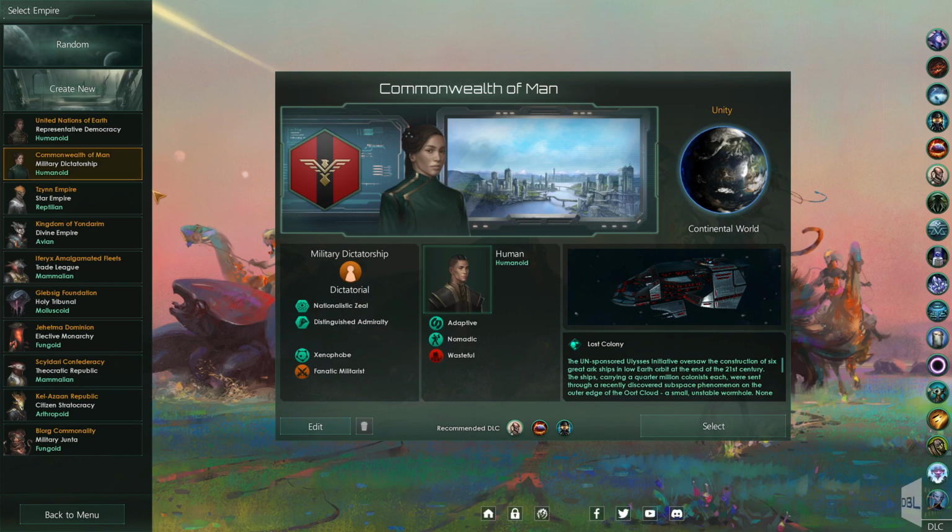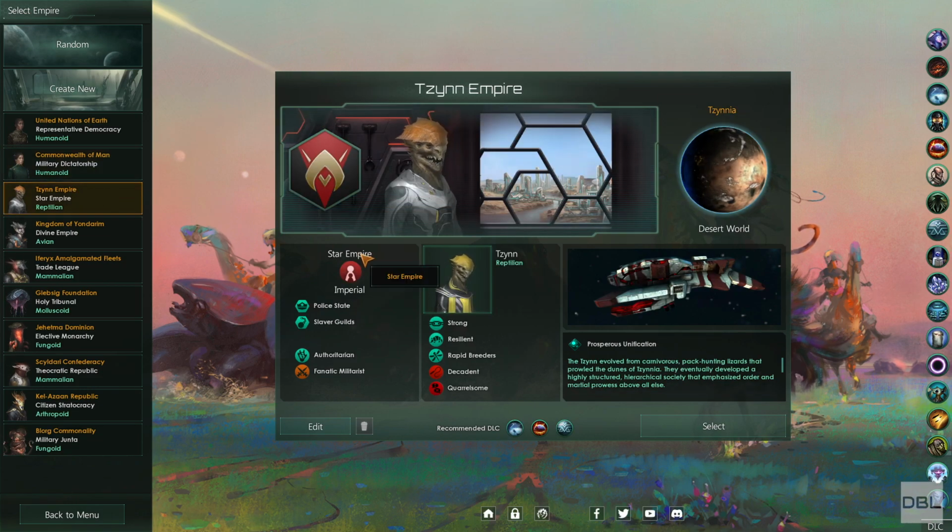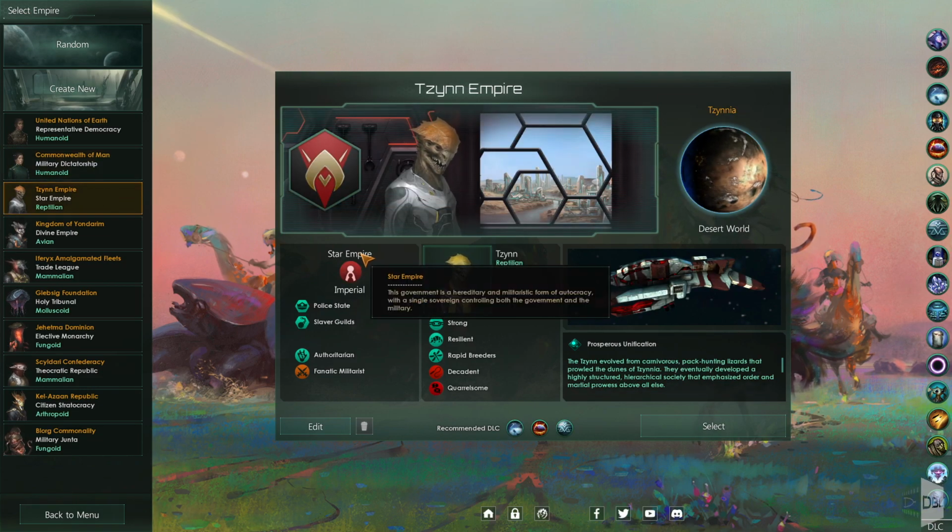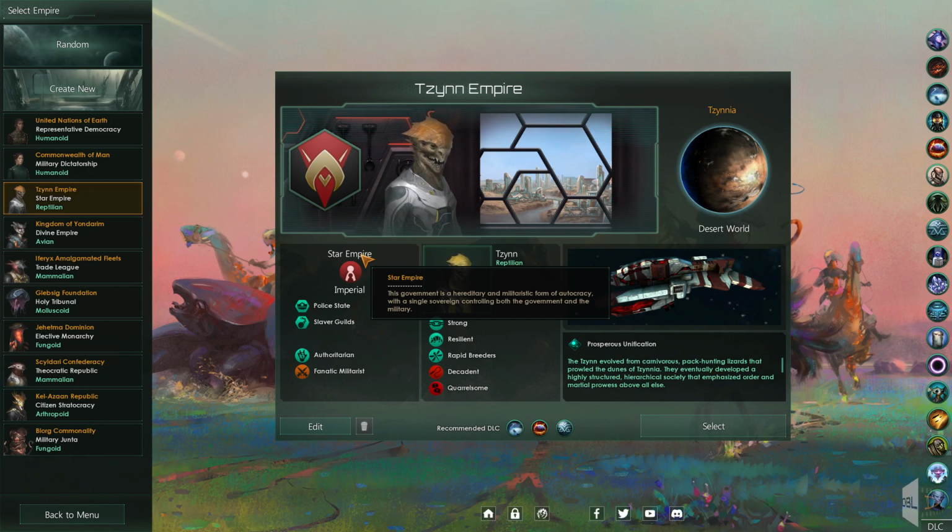The state is emperor. How is that different? It's hereditary. So what they're saying is like there's one ruling family that is constantly in power. Is that what it means by hereditary and militaristic?